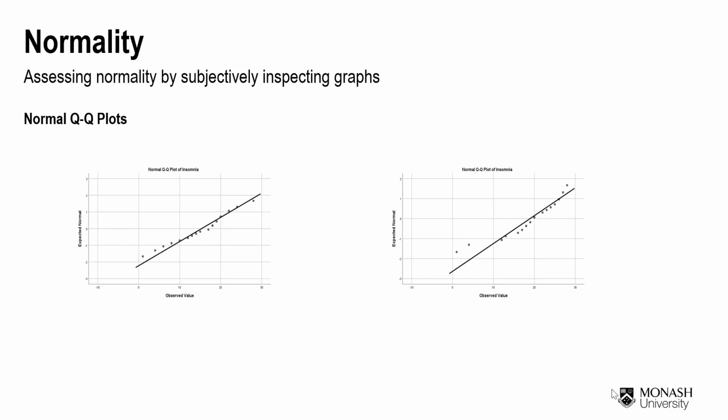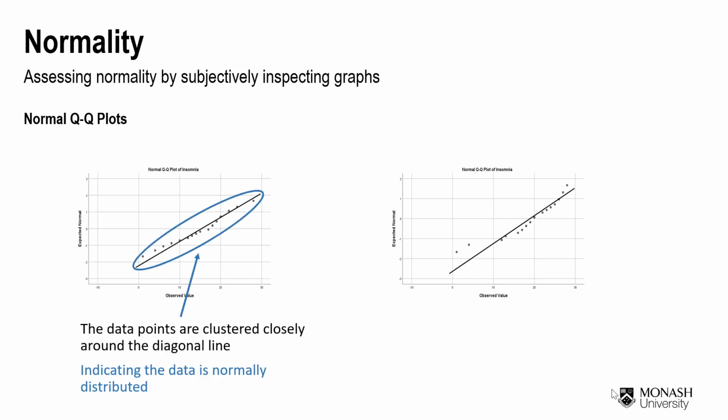2 examples of normal QQ plots are provided. The left depicts normality being met, and the right depicts normality being violated. In the first graph, the data points are clustered closely around the diagonal line, indicating the data is normally distributed.